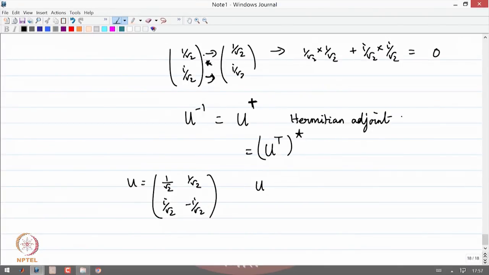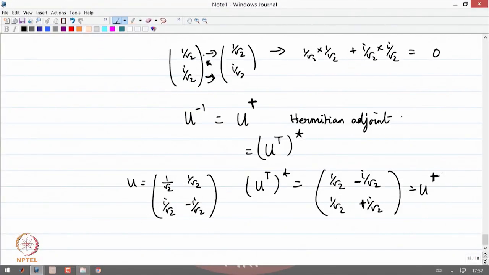So what is U T star? U transpose is the transpose, so let us take the first column, it becomes the first row, I by root 2, but its complex conjugate that you have to take, therefore this is minus I by root 2. And the second column, if you take that, this becomes 1 by root 2, minus I by root 2, but it is a complex conjugate, therefore this becomes plus. So this is U T star, this is U dagger.